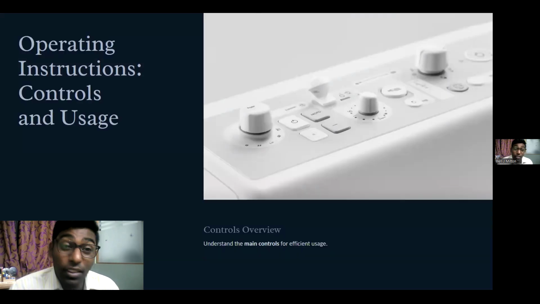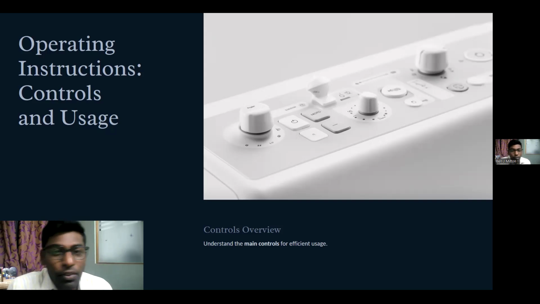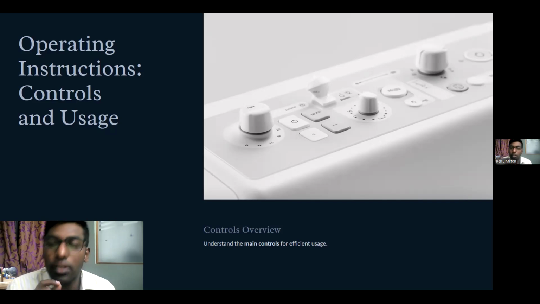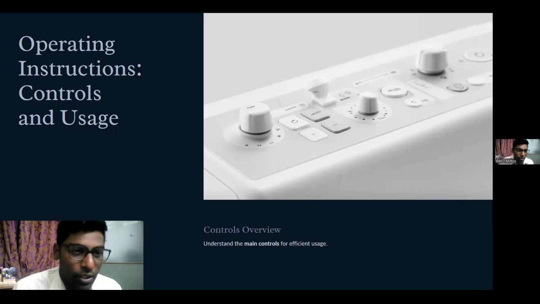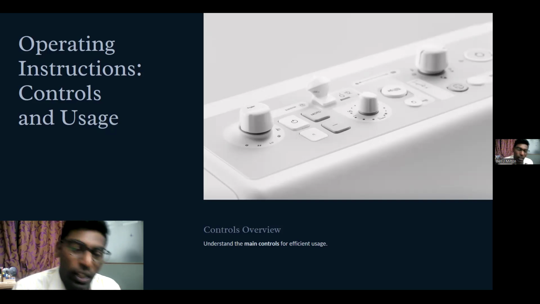And then come the operation instructions. If you've observed, for those who've purchased washing machines or anything recently, it tells you in a very simplified way what the purpose of each and every button is. That will help you understand why you're utilizing it.